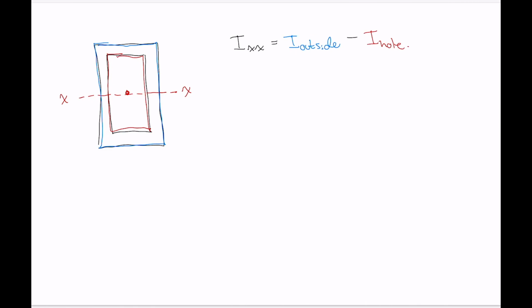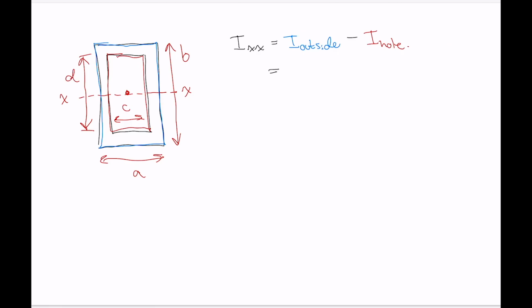Okay, and let's put some dimensions on there. So let's just call this A here and B here, and maybe that's dimension C there, and then this is dimension D there.